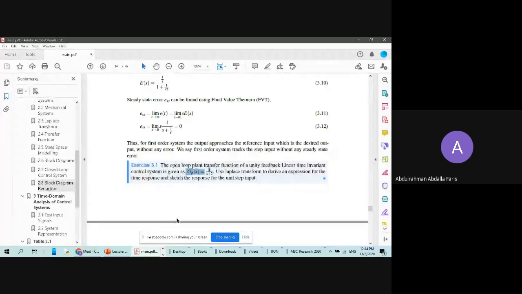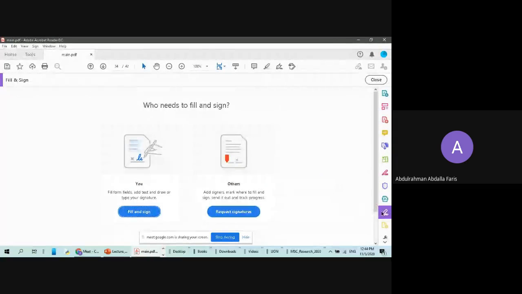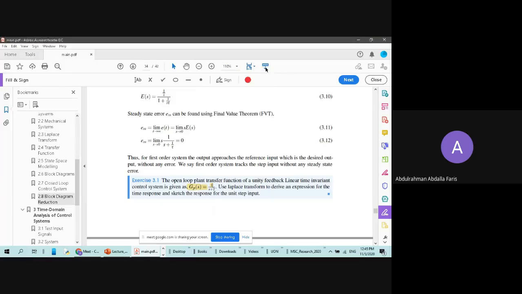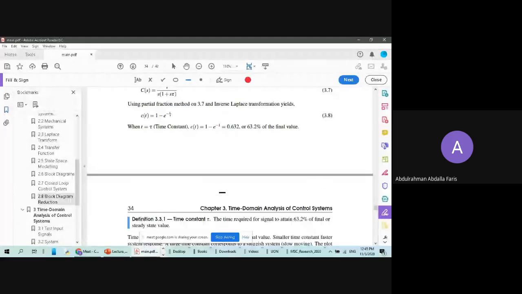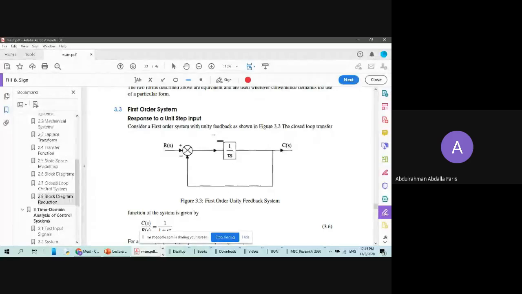That's why we went on. What he's saying is, you see this block, this is the forward path of the open loop system, the open loop transfer function.